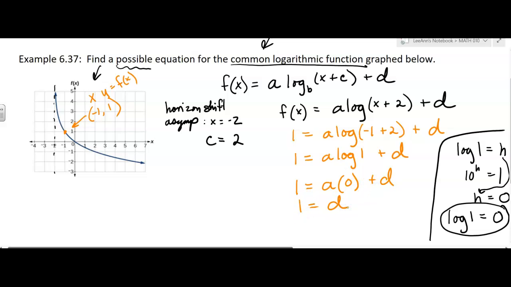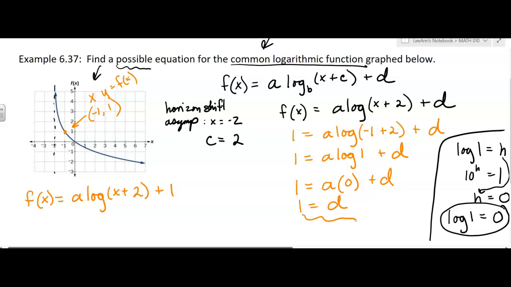Okay, so now we know d. All right. So now my new and improved equation says f of x equals a log of x plus 2, I'm sorry, that's supposed to be a 2, plus 1, because we just found d.